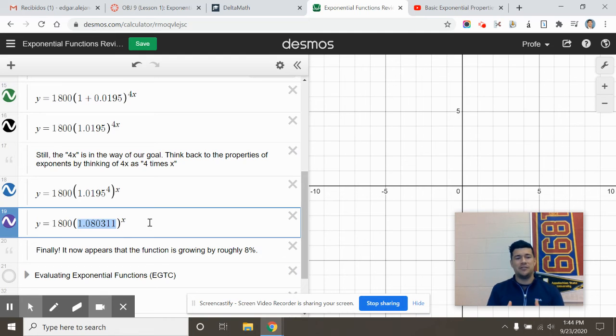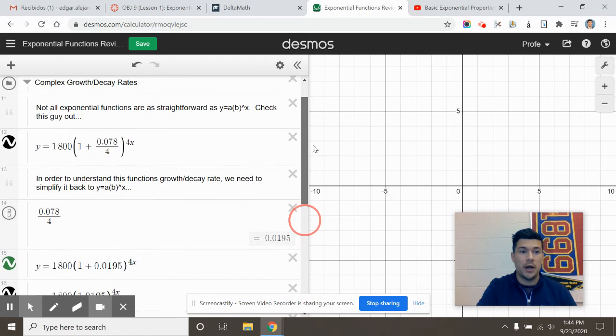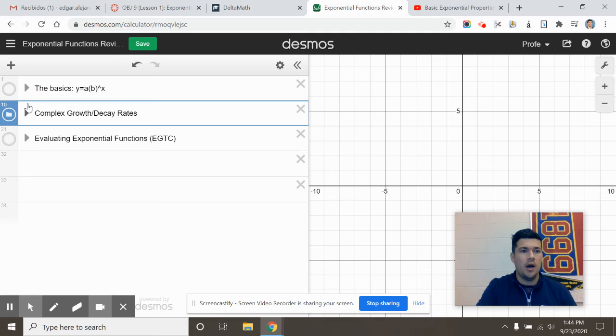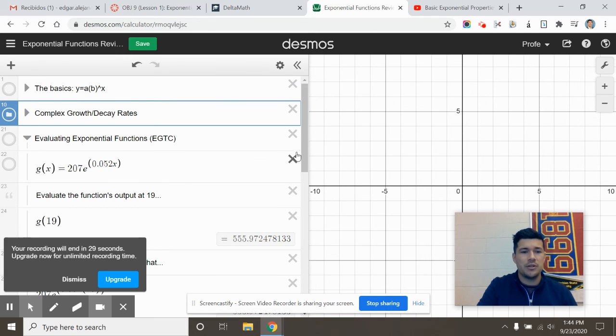Now it's in y equals a times b to the x. That reveals that the actual growth of this function is roughly 8%. So hopefully that helps. Again, we used one of our exponential properties called the product property, which you learned back in the 8th grade.